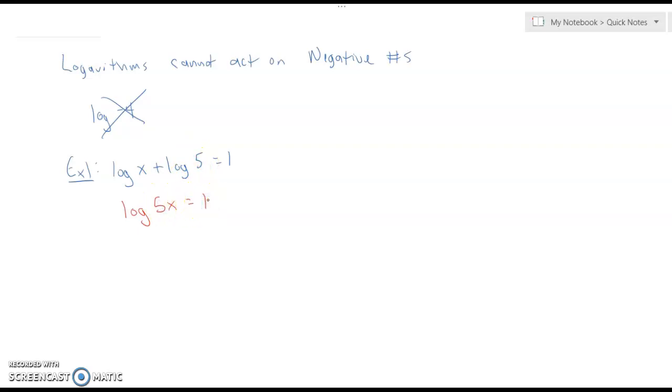We might be stuck here, but if we remember that if a log doesn't have a number written, it's actually base 10, then that makes things easier. We're going to take our little loop trick with our exponents and make an equation. 10 to the first equals 5x. And I'm going to find out what x is. x is going to equal 2.